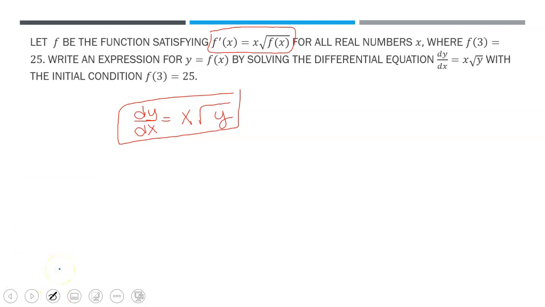So what we want to do is get the x and dx together, the y and dy together. Thus creating 1 over the square root of y equals x dx. We're going to integrate both sides.